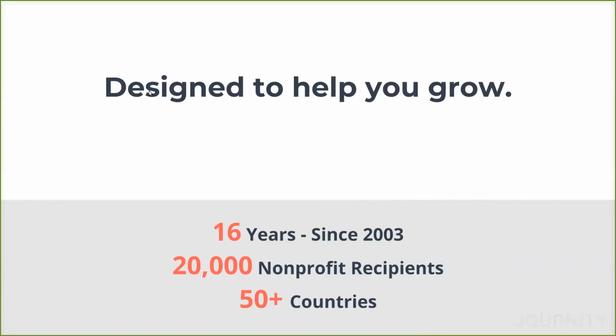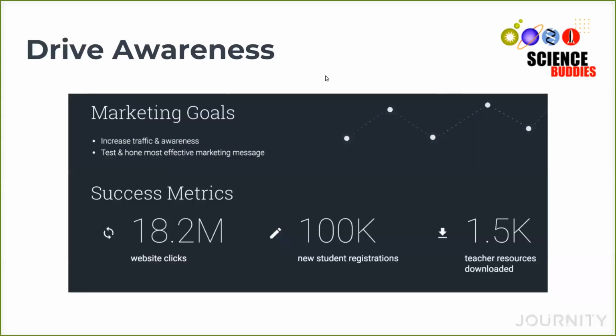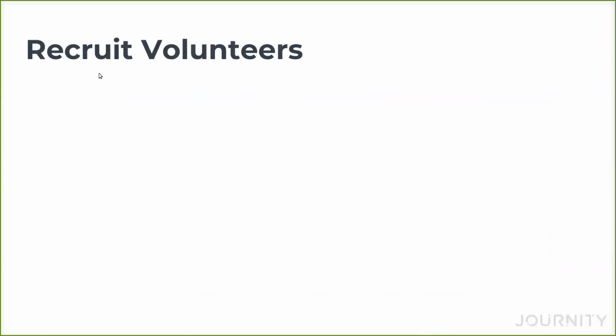So this is not something that Google is doing just for publicity. They're actually invested in it, and it's being used to drive considerable impact. So here are some statistics Google has provided. You can see Science Buddies has generated 100,000 new student registrations.